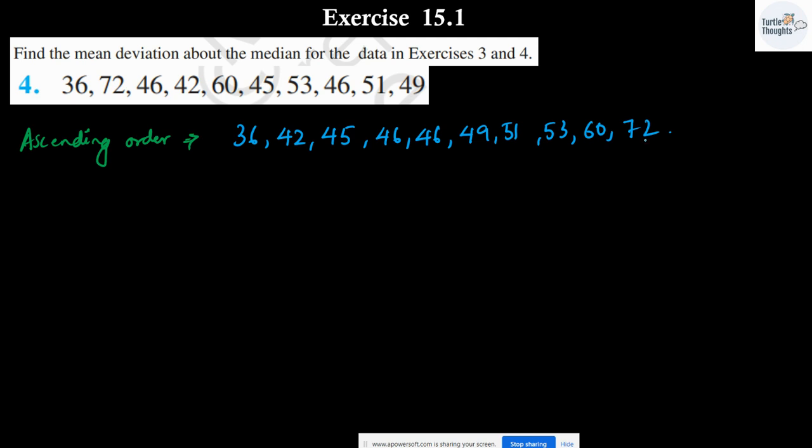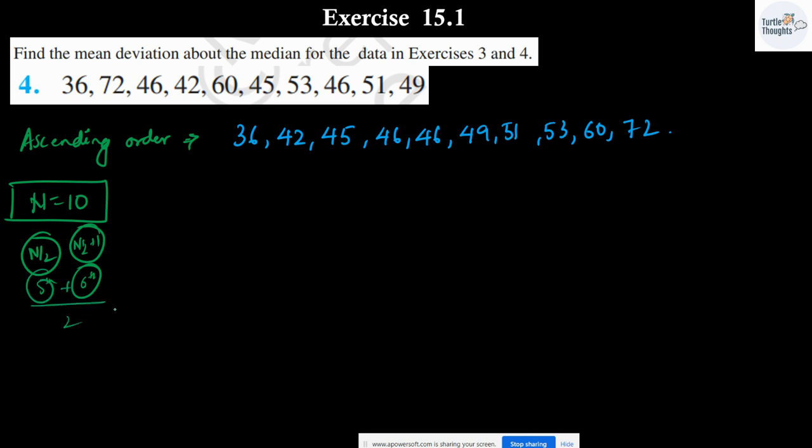Right, now how many numbers are there? N is equal to 10. N is equal to 10, so I have to take n divided by 2 and n divided by 2 plus 1. Right, so fifth term and sixth term I have to add and divide with 2 in order to get the median.